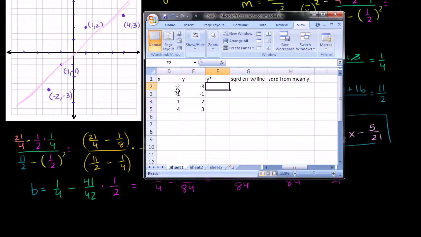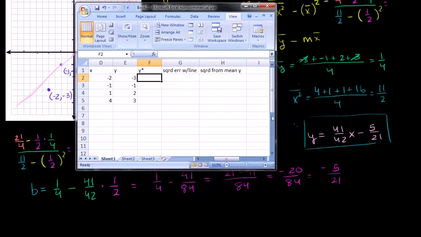Now, what does our line predict? Well, our line says, you give me an x value, and I'm going to tell you what y value I'll predict. So when x is equal to -2, the y value on the line is going to be the slope, 41 divided by 42, times our x value.